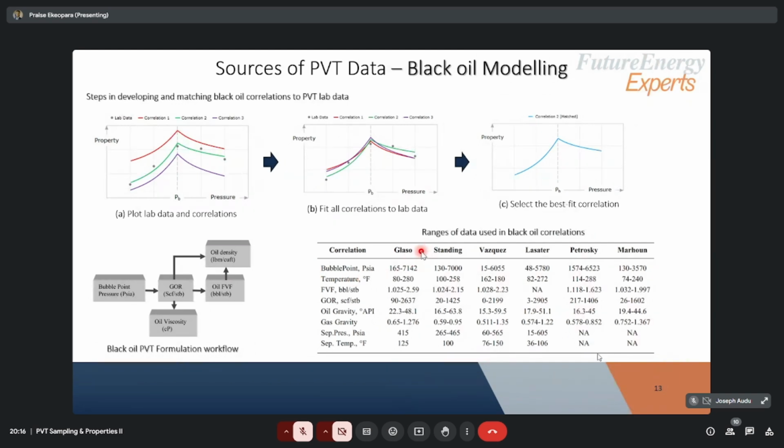So as I explained, the problem around globalization and the rest, you can see the various PVT parameters and the correlations that we have, right? And you can see for each of these correlations the ranges of PVT parameters that they were used for, right?